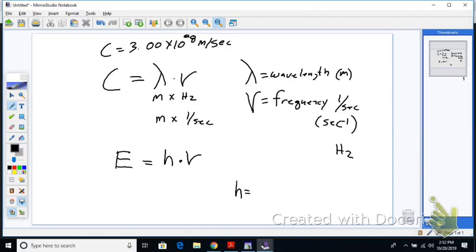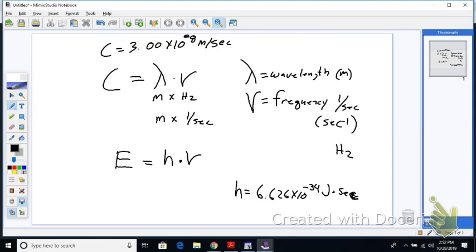And he tested this in a variety of different ways, and he kept on coming up with this constant, just like you do with the speed of light. And this constant is 6.626 times 10 to the minus 34th, and the units are joules times seconds. It's the negative 34th, you said?